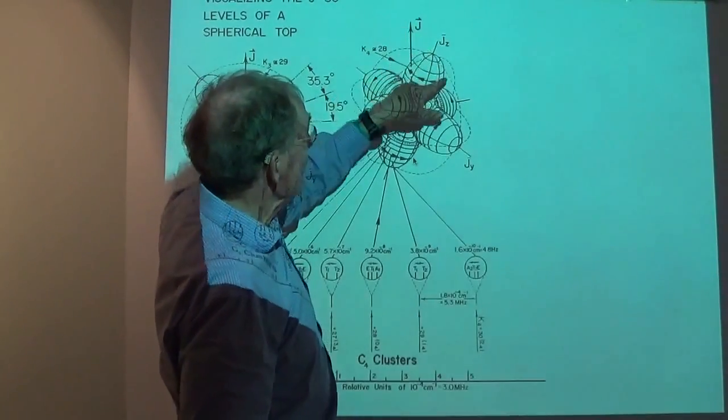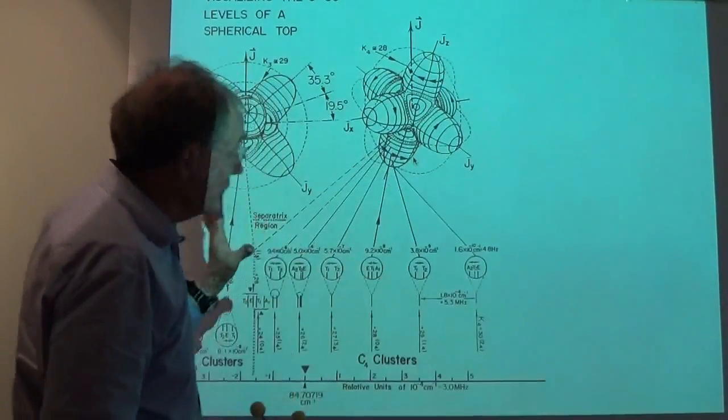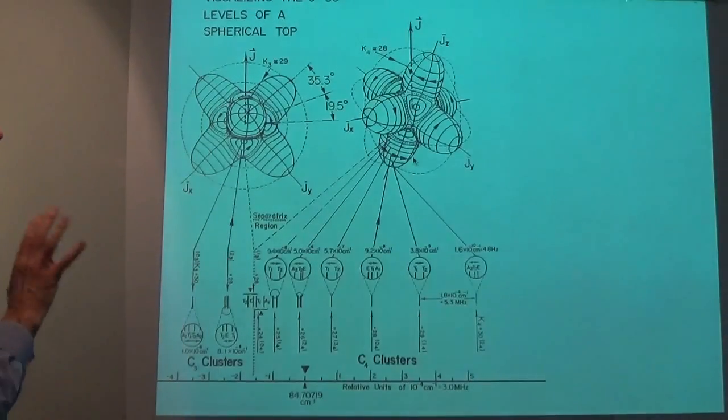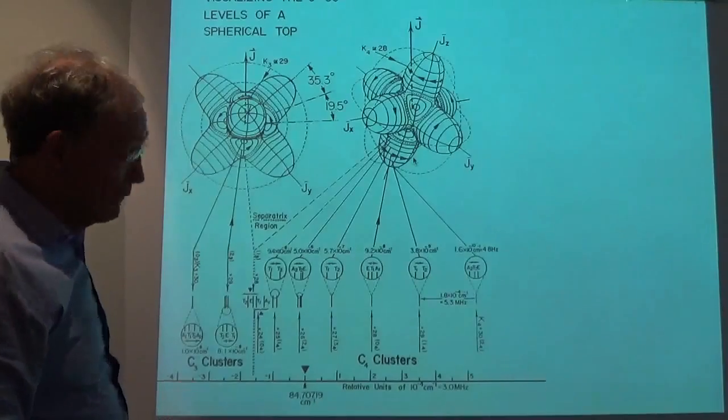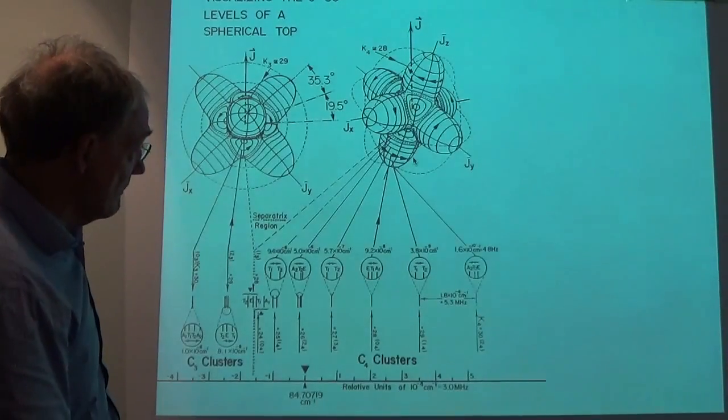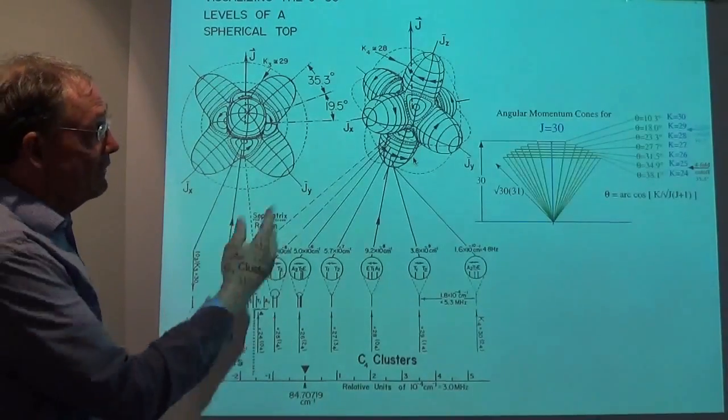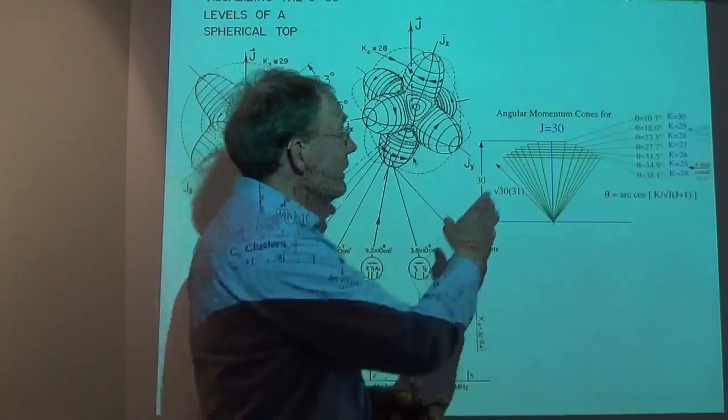So the mountains have J's that are precessing like that, classically, okay? But they have quantum levels that are indicated by where the angular momentum cones go through, more or less, okay? So we've seen this already. This is J equals 30 cones.